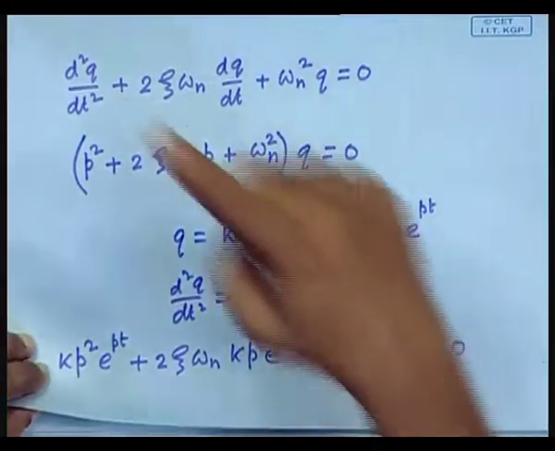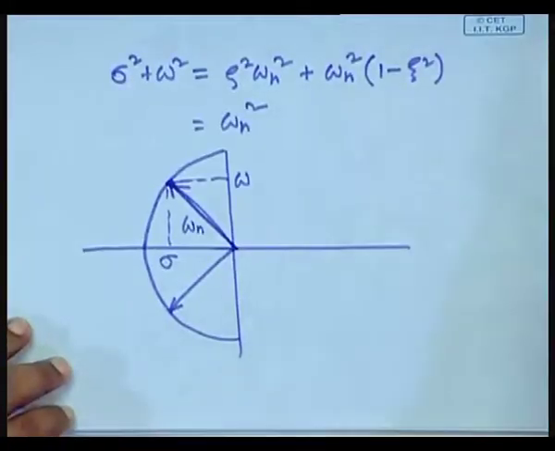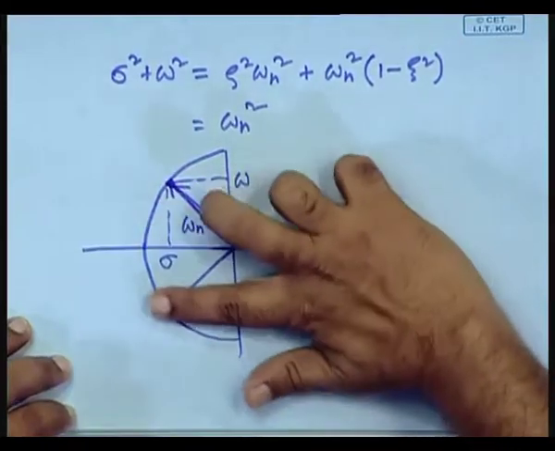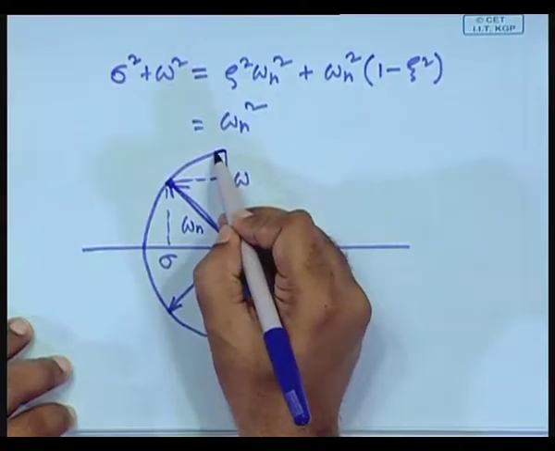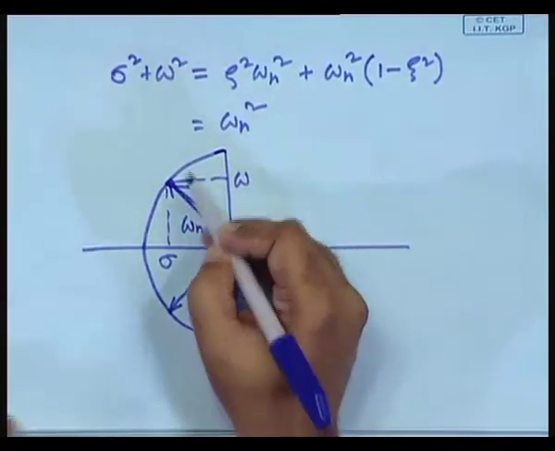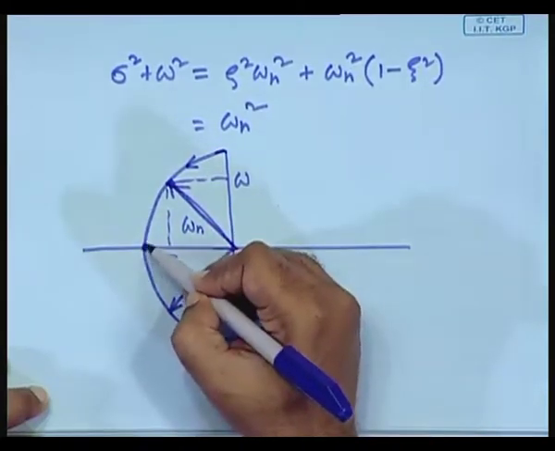So, if you now add a resistance, and if you keep varying the resistance, then the eigenvalues will keep moving like this, and after some time they will collide.